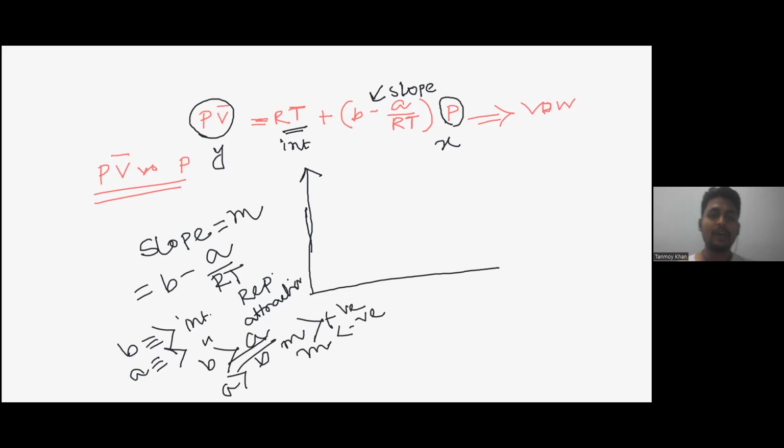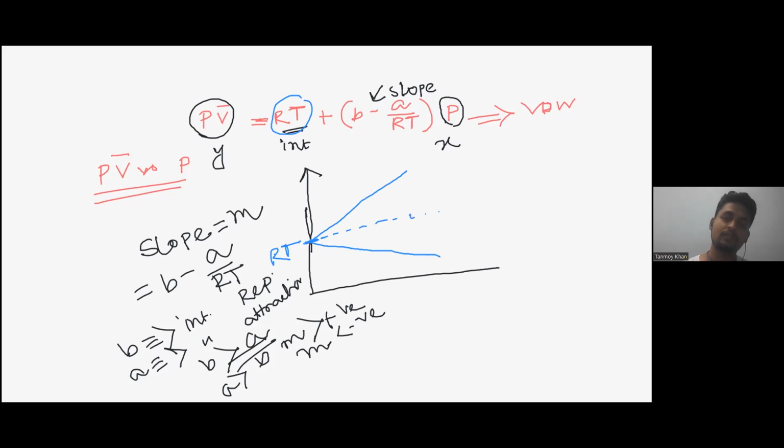So depending upon the values of A and B, the slope will change. Now the intercept is always RT. So there will be an intercept of value RT, right? So this is the RT line. Whenever B is greater than A, we will get a straight line like this. Whenever it is less than A, we will get a straight line like this, right?